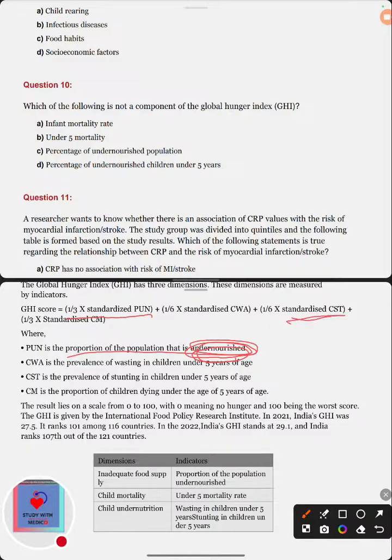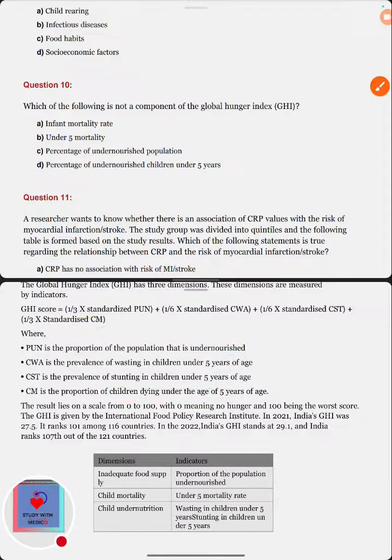Plus 1/6 into standardized CST, the prevalence of stunting in children under 5 years of age. Plus standardized CM, child mortality, children dying under the age of 5 years.